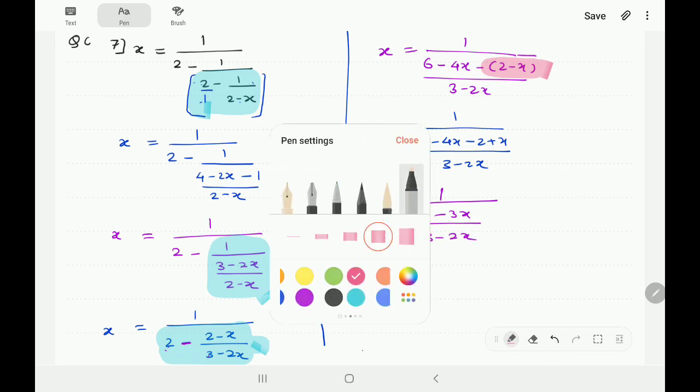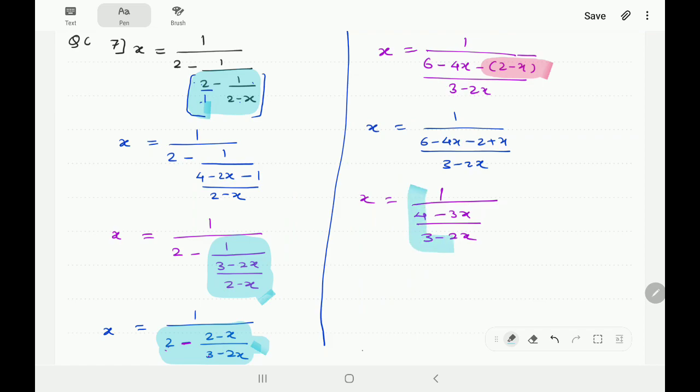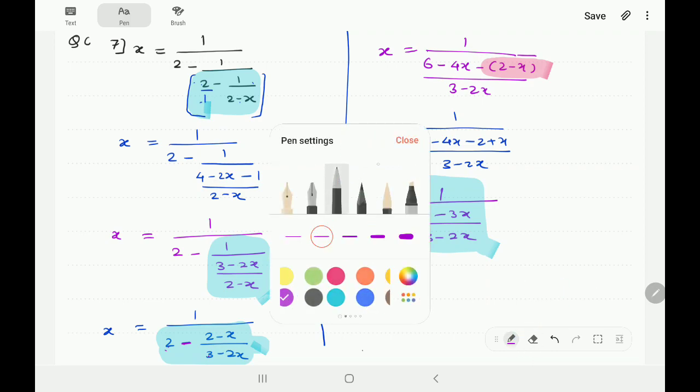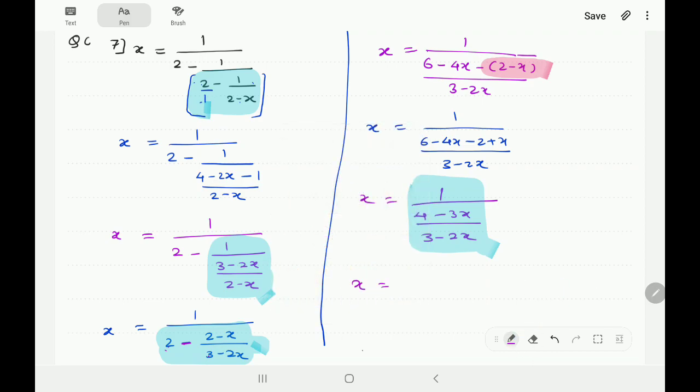Simplification is done. Now I have to focus on the complete part. So what do I get here? I get x is equal to, reciprocal it, 3 minus 2x upon 4 minus 3x.